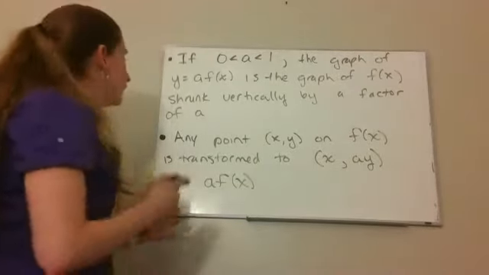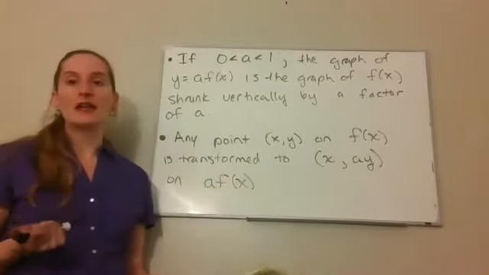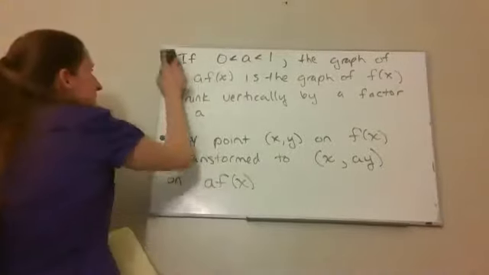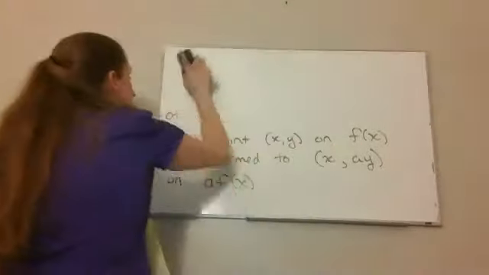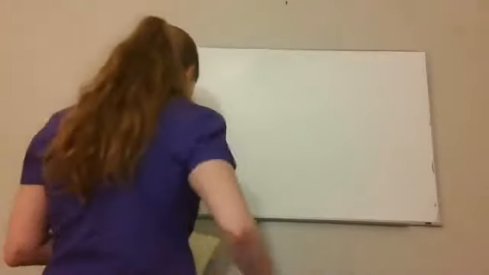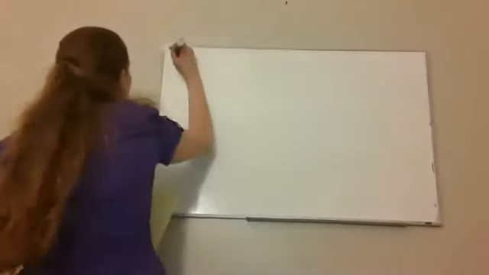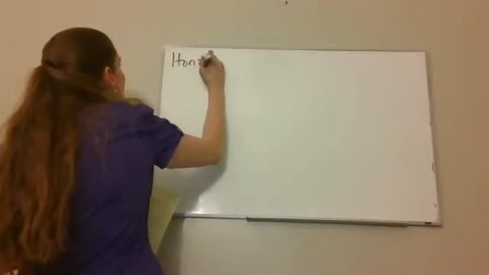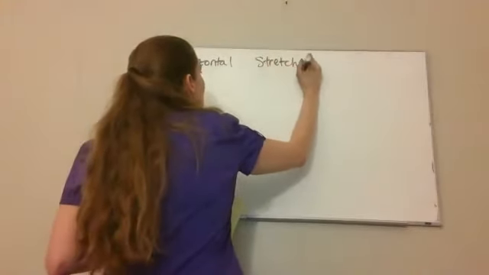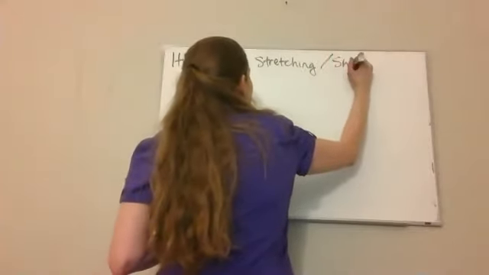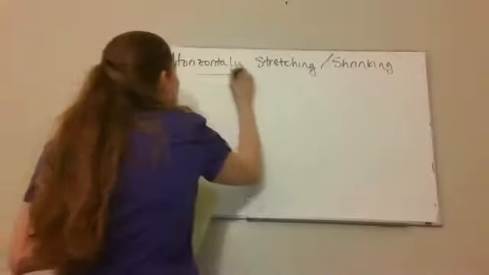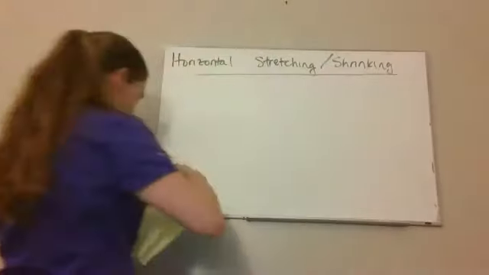Now, those are both vertical stretches and shrinks. Now we need to learn about the same thing, but doing it horizontally. So horizontal stretching and shrinking. It's a similar idea.